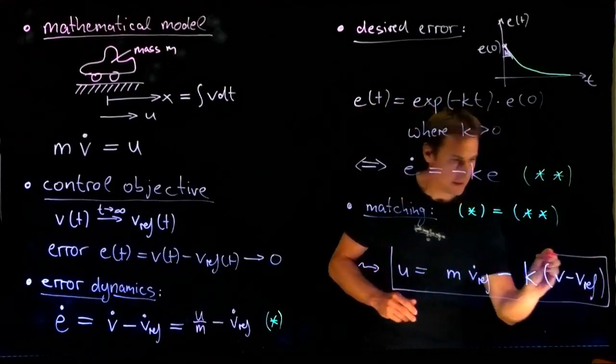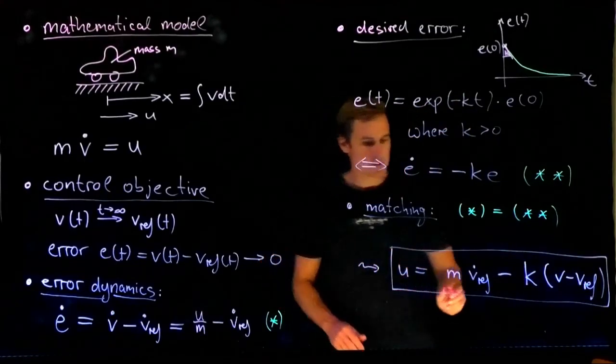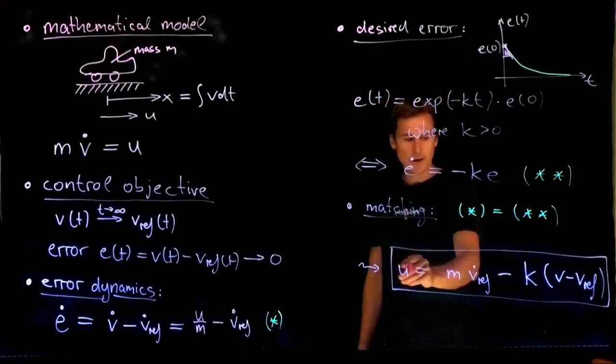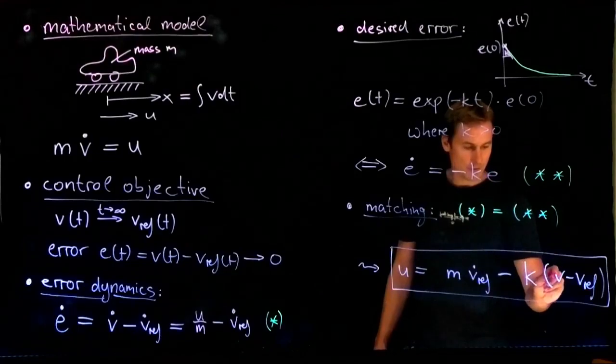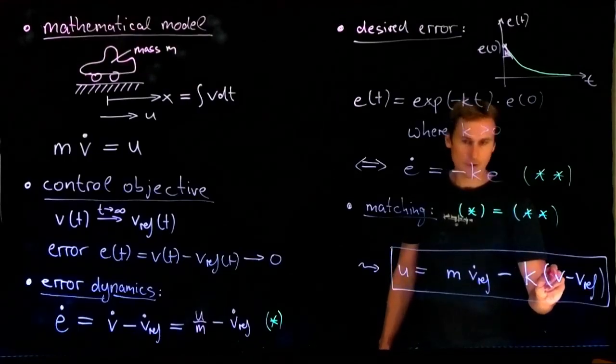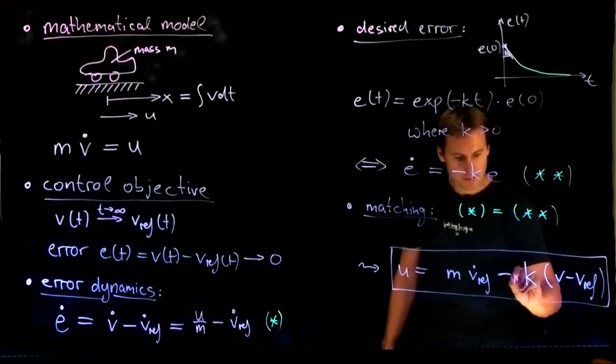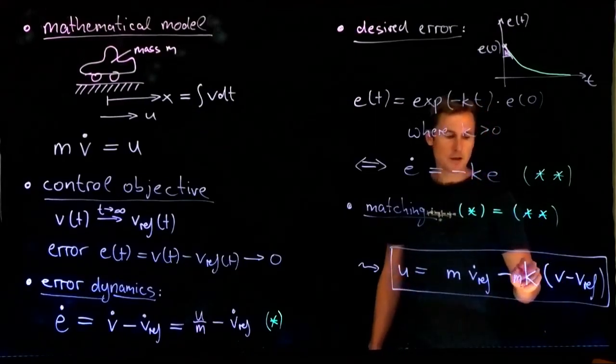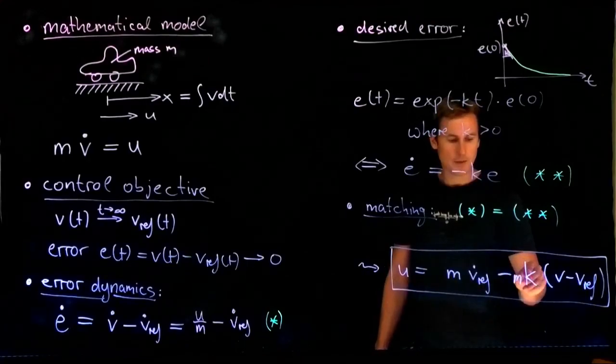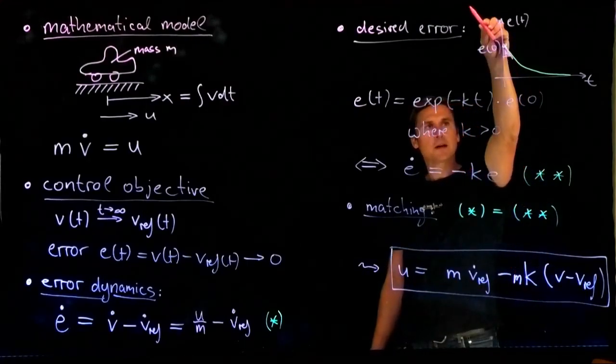What we have here is a feedback controller. So you can see we change u, the commanded force, as a function of the measured velocity. In particular, we compare the measured velocity to our reference velocity. And there's an m missing here. We multiply this by a level of aggressiveness, m times k, where k is our desired exponential decay.